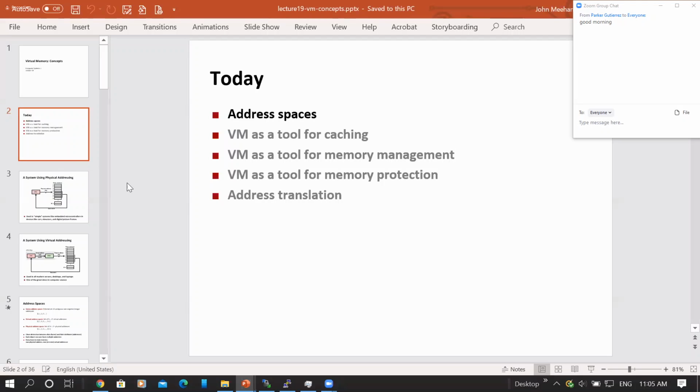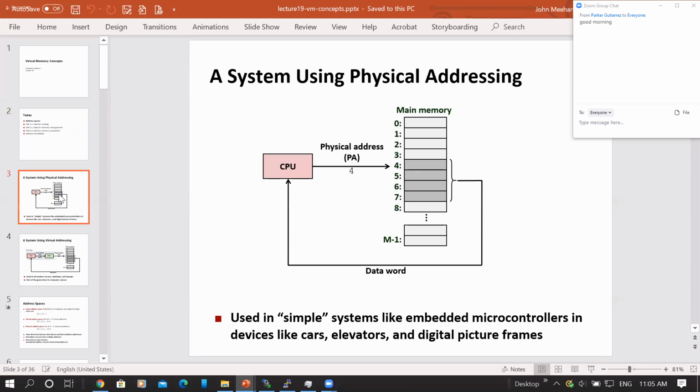So the basic idea is, what we've been looking at is if the CPU generated a physical address, you just go to that location in physical memory and you pick up the contents of what you're trying to get and bring it into the CPU. And in fact, there are computers that do it this way and they don't use virtual memory.